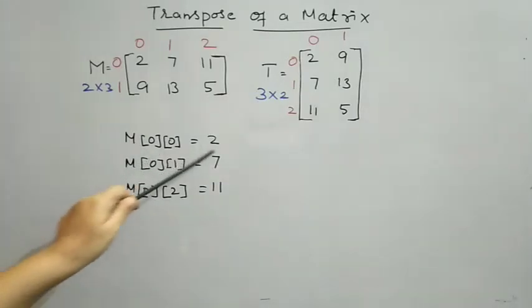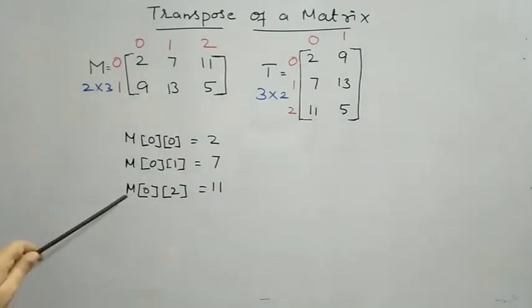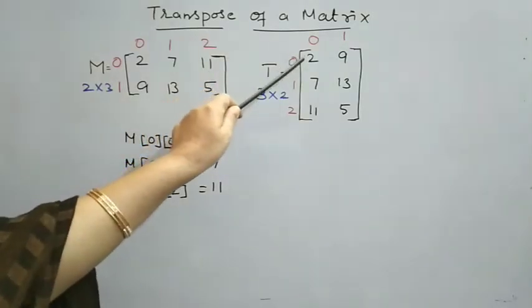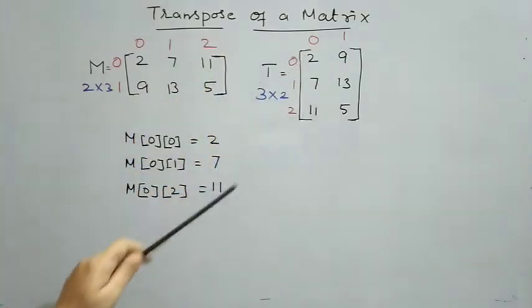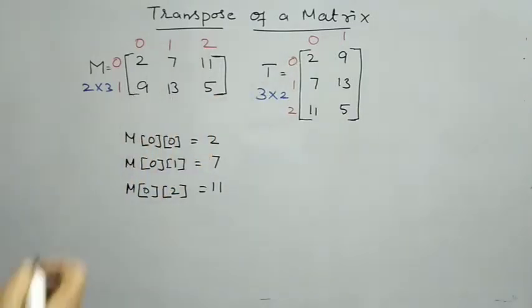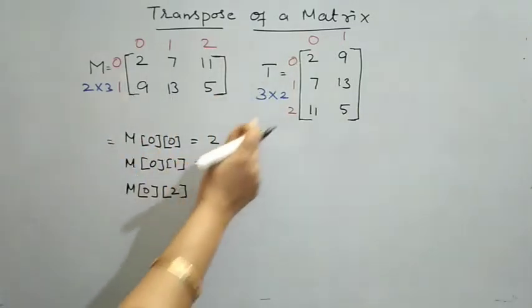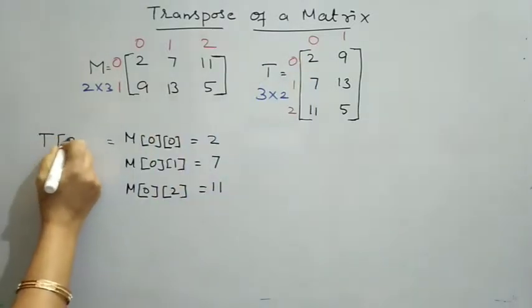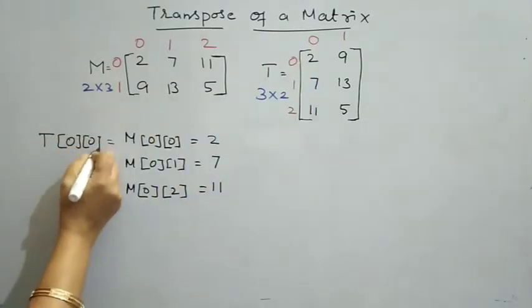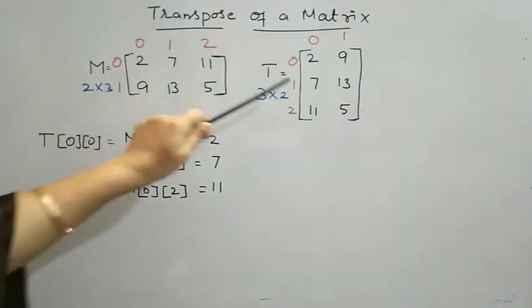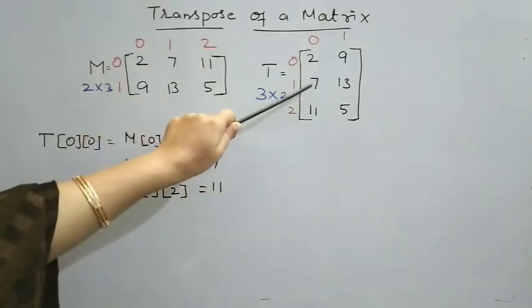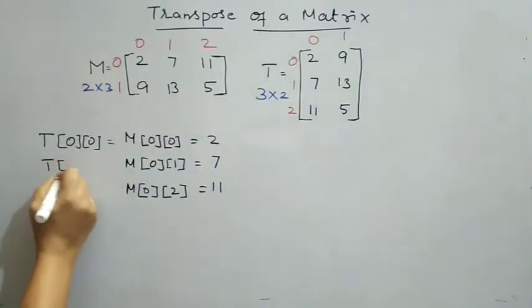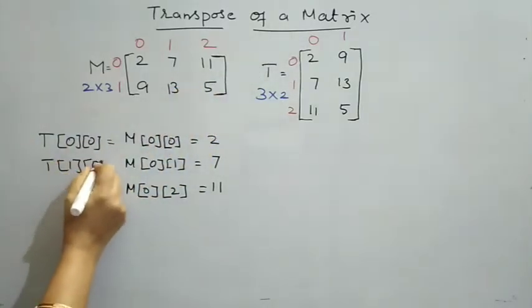These are all the elements in the first row of the input matrix, and these are the index positions of the elements in the input matrix. So the first row is converted or transposed into the first column in the transpose matrix. In the transpose matrix, 2 is in the index position of 0 of 0. Take this element 7, it is transposed into this place: 7 is in the index position of 1 of 0, T of 1 of 0.